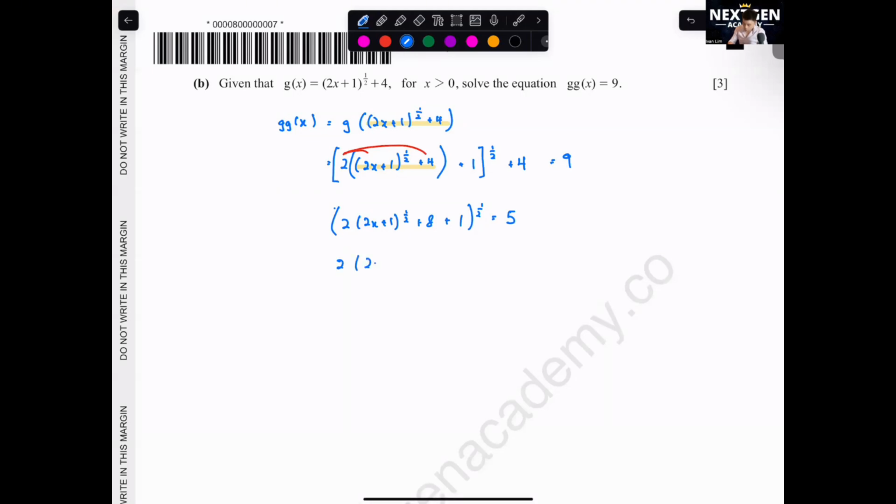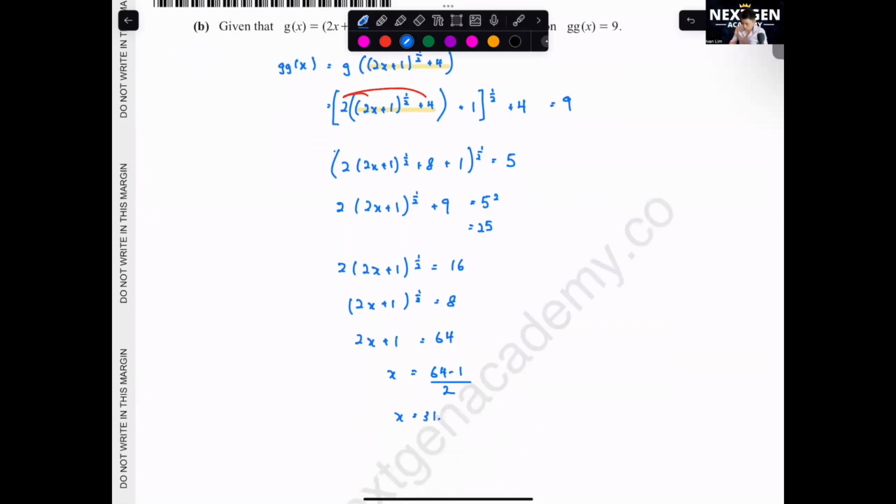So 2x plus 1 to the power of 1 over 2 plus 9, 5 squared, which equals 25. 2x plus 1, to the power of 1 over 2 equals 16. 16 divided by 2 will equal 8. 2x plus 1, 8 squared will be 64. x will be 64 minus 1 divided by 2, which equals 63 over 2 or 31.5. Okay, number 4 is done if you are okay with it.